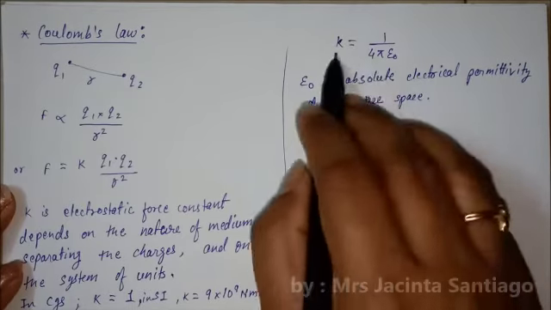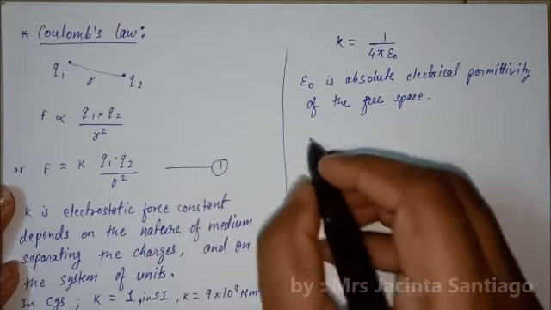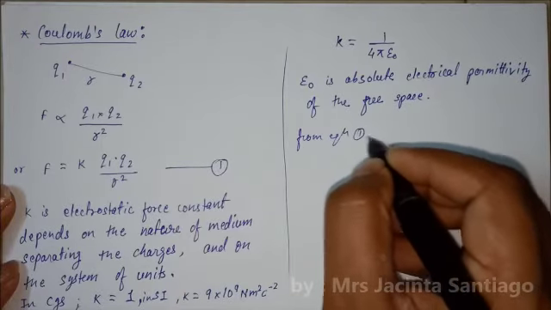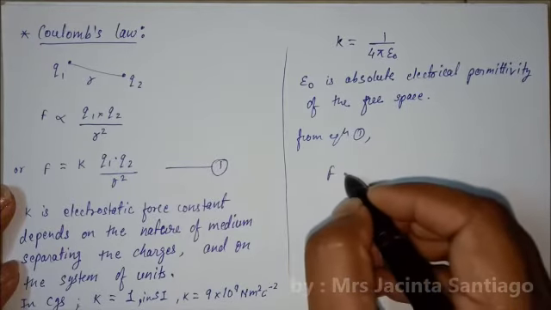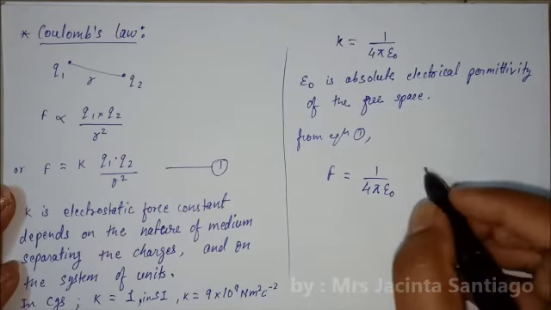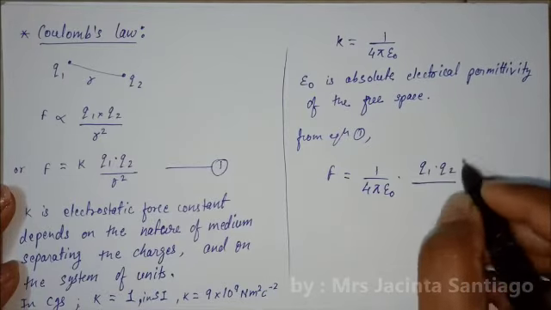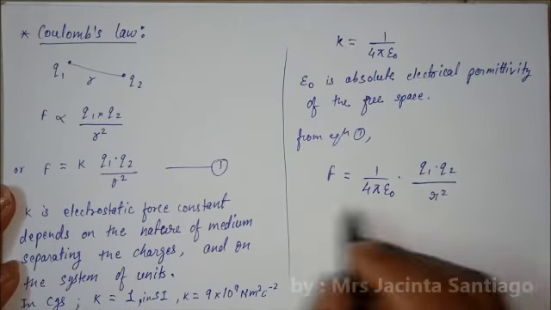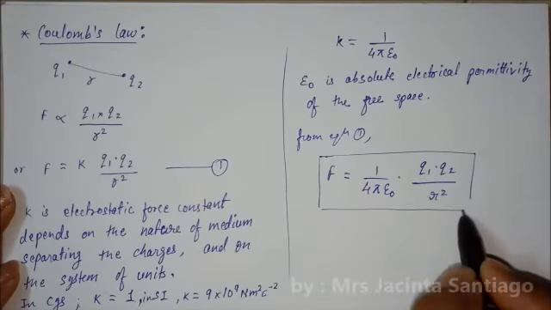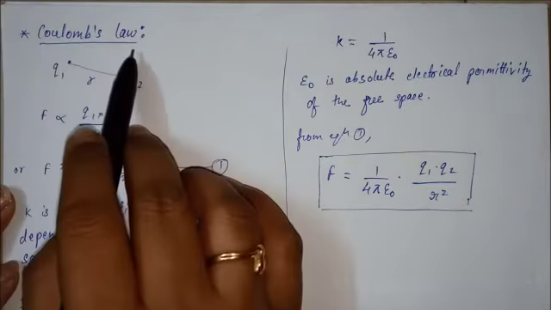So from this value of K we can write the first equation as, from equation 1 we will get F equals 1 upon 4 pi epsilon naught into q1 q2 upon r square, and this is the formula which we get from Coulomb's law.